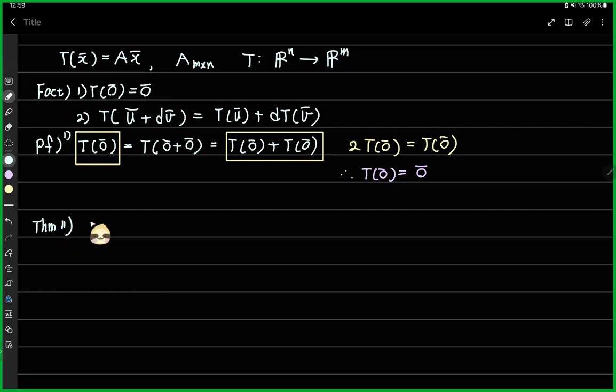If T is a linear transformation from R^n to R^n space, which means that the matrix A in the linear transformation is n by n, then T is 1 to 1 if and only if T of X equals the zero vector has only the trivial solution.